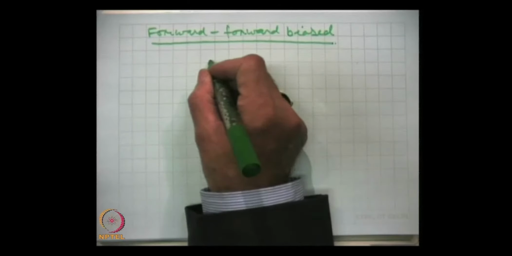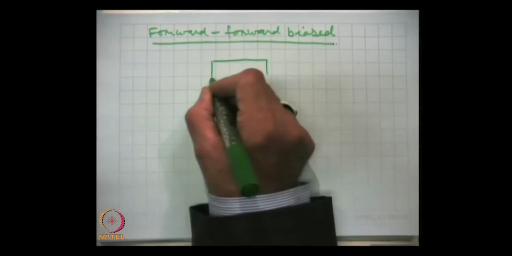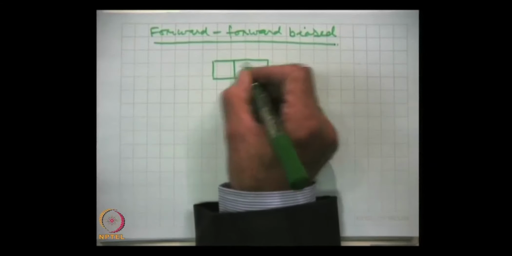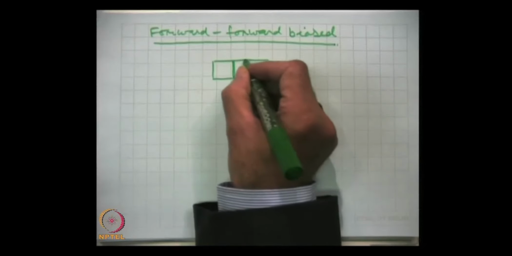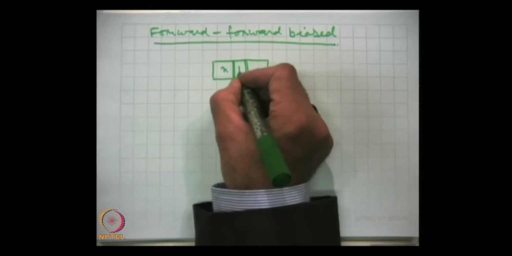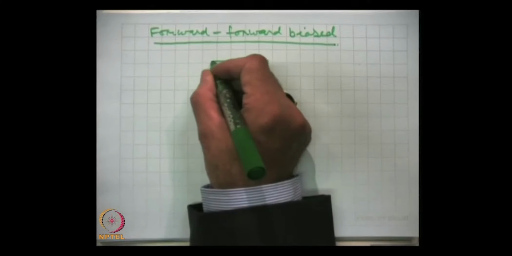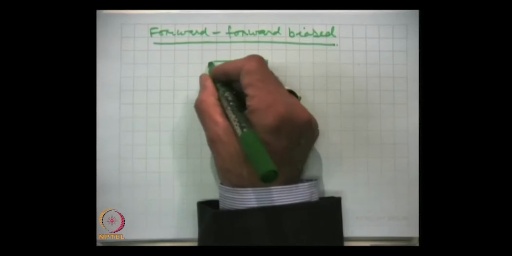And a simple circuit we can draw. These are ohmic contacts.